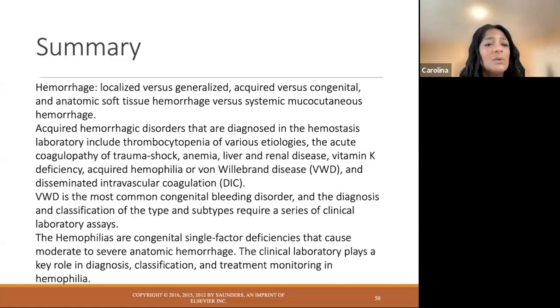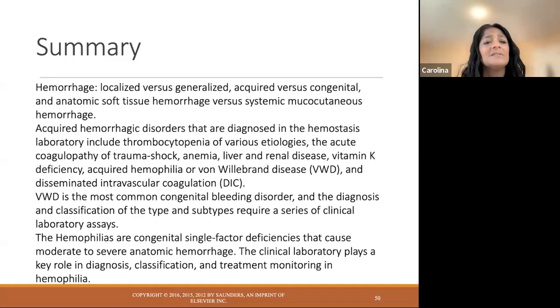Acquired bleeding disorders or hemorrhagic disorders are diagnosed in the hemostasis lab. And we can look at the platelet count, thrombocytopenia, different etiologies, the acute coagulopathy of trauma shock, anemia, liver disease, renal disease, vitamin K deficiency, acquired hemophilia, and von Willebrand disease. These are all acquired hemorrhagic or bleeding disorders.